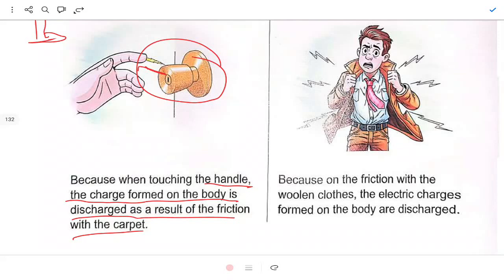As you walk on the carpet with your bare foot, a charge forms in your body, and then this charge is discharged when you touch the metal object or the metal door handle. Is that clear? I hope so.